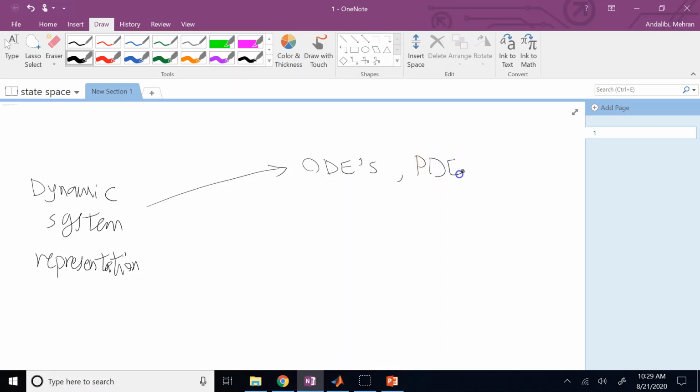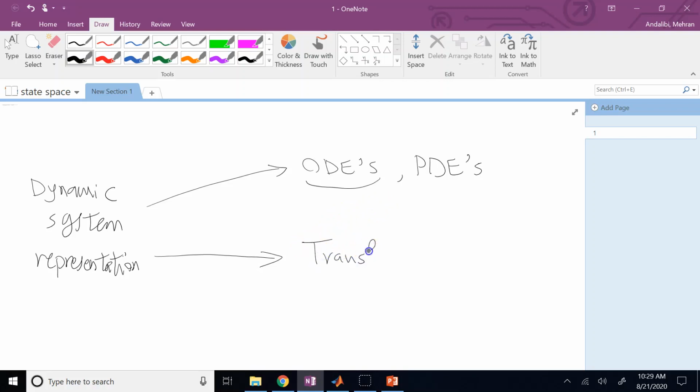PDEs are partial differential equations, which we don't study in this course. We mostly focus on ordinary differential equations where your function has only one independent variable. That was one way. Now, if this ODE was linear and time invariant, then you could apply what? Laplace transform and then find the Laplace of output over input.